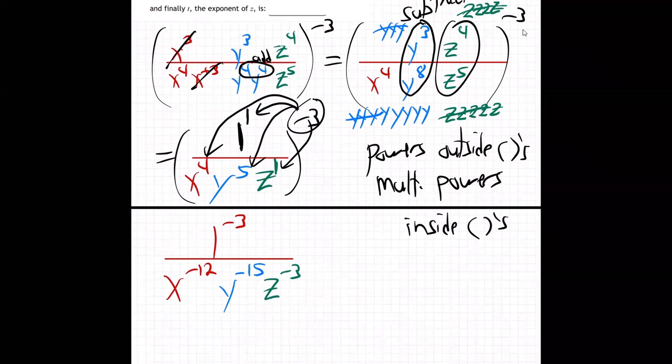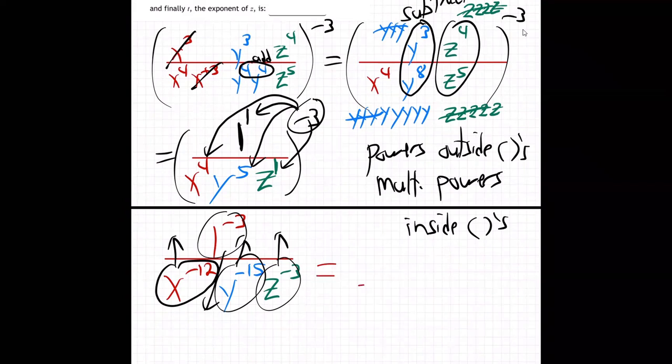Okay, and now what have we learned? Negative powers are going to jump. Negative powers are jumping, so this guy's going up, this guy's going up, this guy's going up, and this guy's going down, right? Negative powers are negative. They're unhappy where they're at. They want to jump to the other side. It's a long problem. We're almost there. Okay, so what do we end up with?